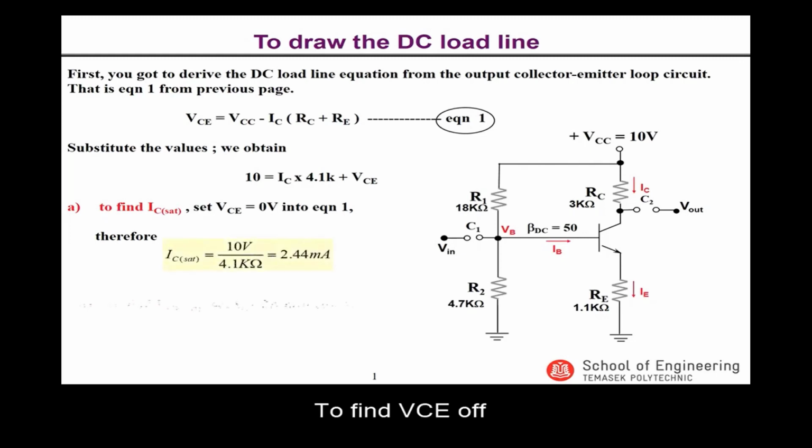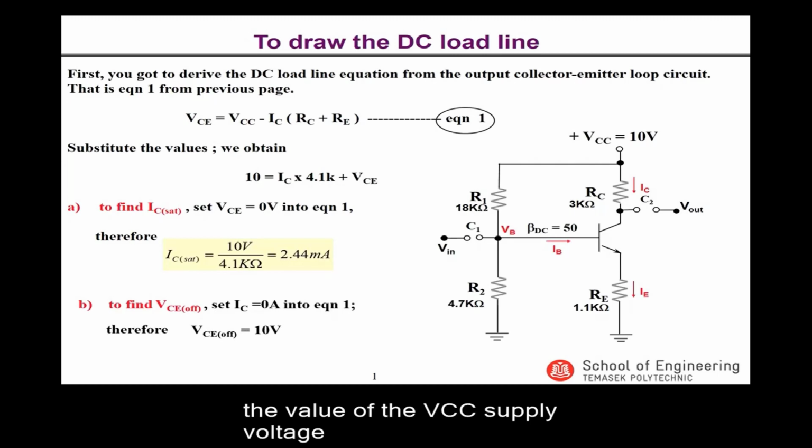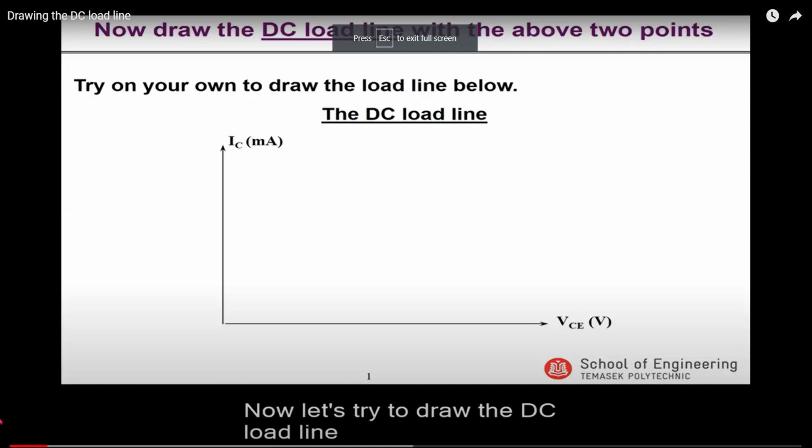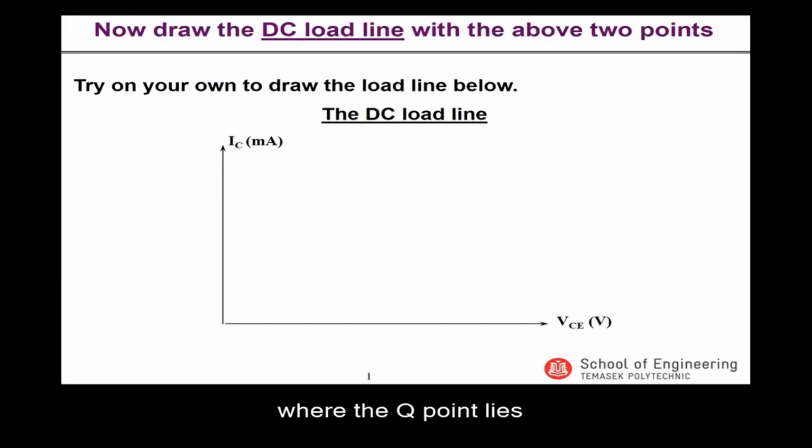To find VCE off, which lies on the x-axis, we set IC equal to 0 in equation 1, since there is no IC value on the x-axis. Therefore, VCE off will be equal to 10 volts, the value of the VCC supply voltage. Now let's try to draw the DC load line and locate where the Q point lies along the DC load line.